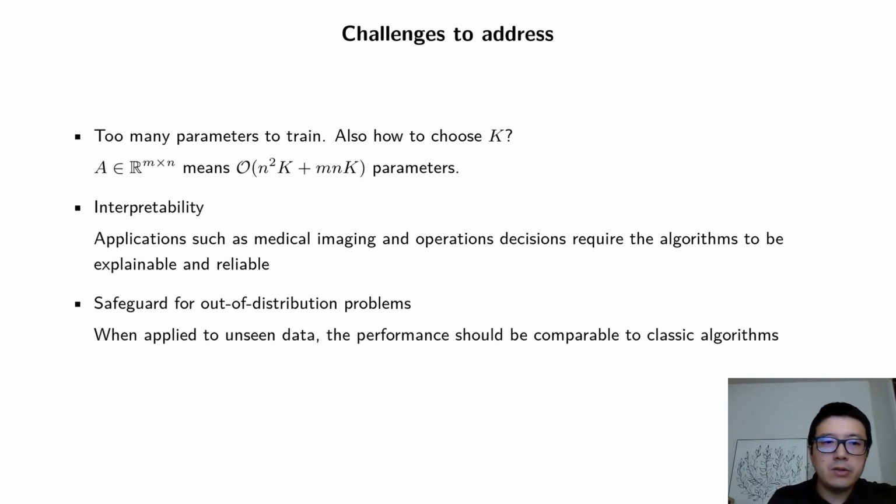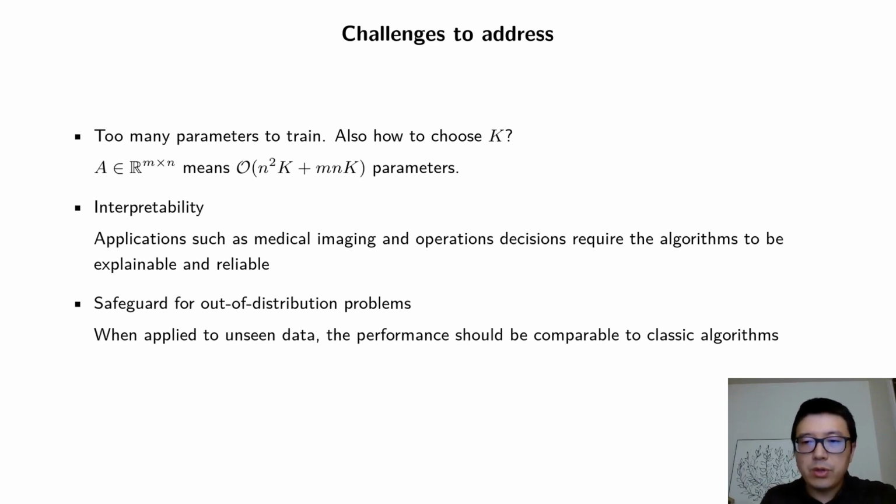Also, when you apply such a technique to critical decision-making processes like medical imaging and operations research, the practitioners usually require the method to be interpretable. They need to understand why the method makes such a decision or generates such results, and they want to be able to improve the method gradually as they collect more data.